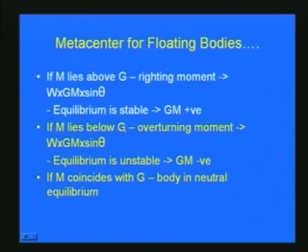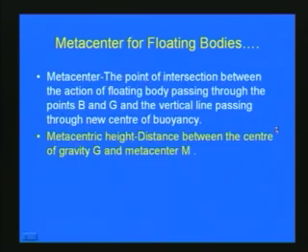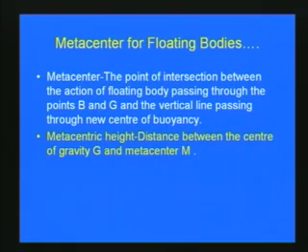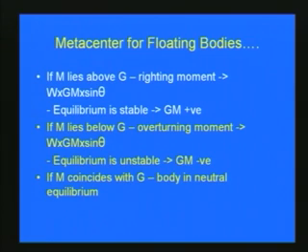If M lies below G, when we give a large displacement, there will be an overturning moment, which will again be W, the weight of the body, multiplied by GM into sin theta, and then the equilibrium is unstable, and here GM is negative.